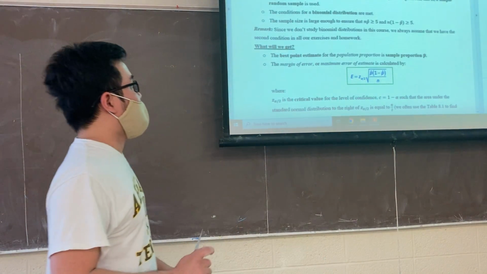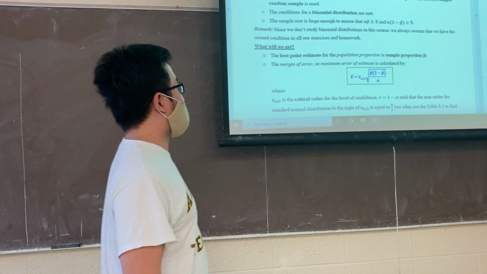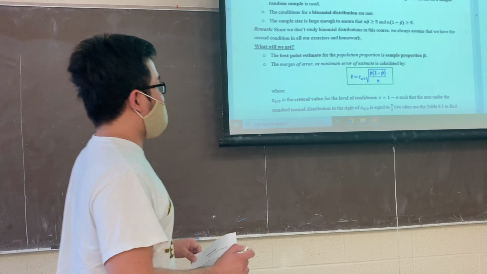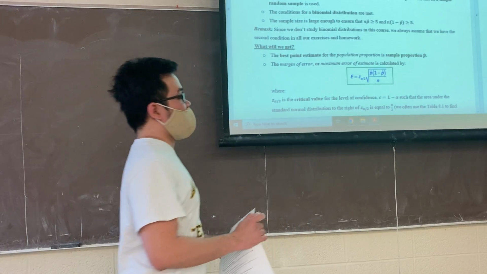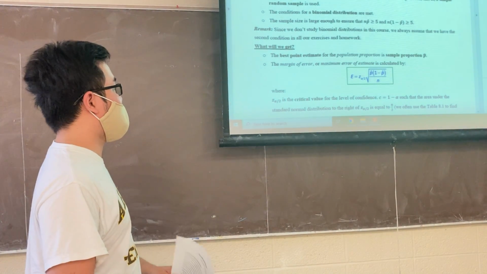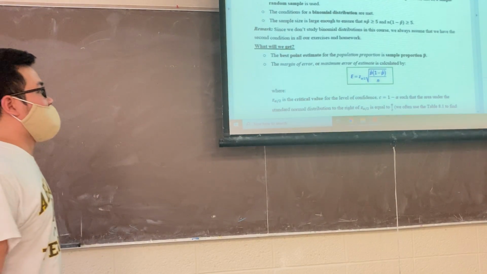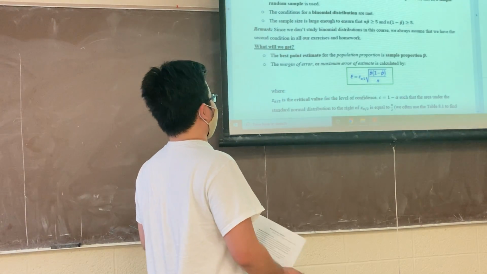And the second condition is that the conditions for a binomial distribution are met. We don't study the binomial distribution in this course, so we always assume the second condition holds in all our exercises and homework. You will learn this in another course.